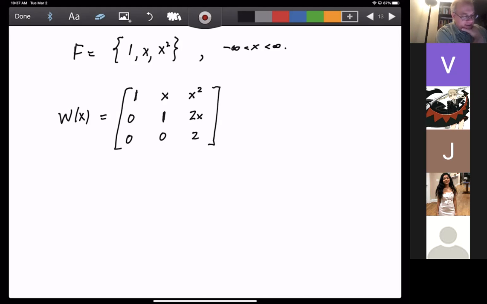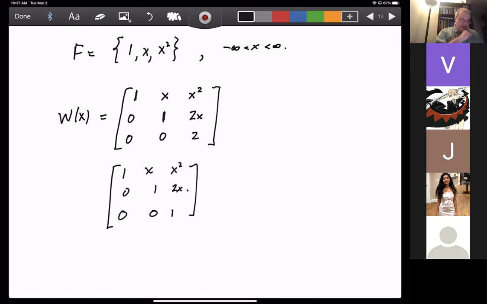That 2 we can just divide the third row through by 2. We've got a pivot. All right, so we can get the zeros in our pivot columns pretty easily.